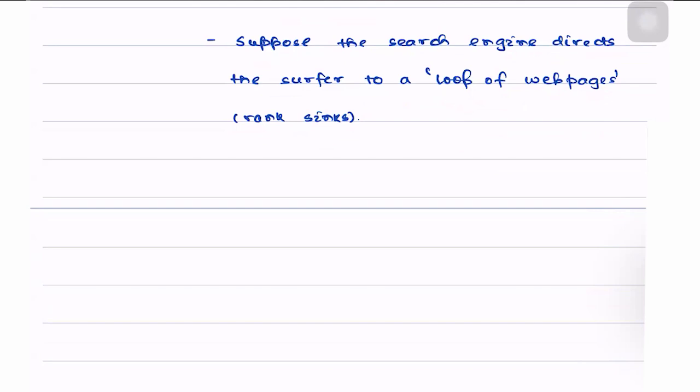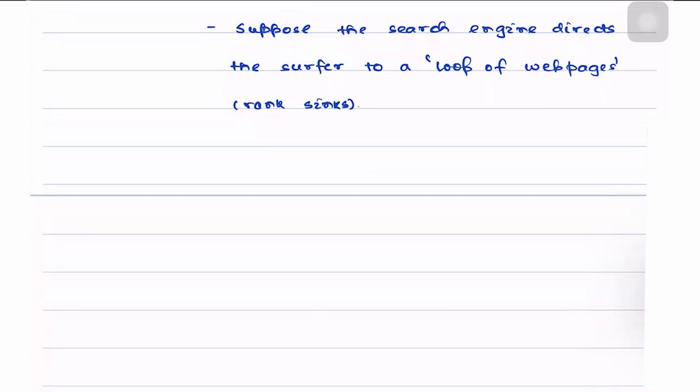Imagine if we go to a certain web page and then we get trapped in a loop wherein we just keep clicking from one web page, which takes us to another, and the other web page again brings us back to the first web page. In that case, it is very unlikely that we'll continue visiting only these two web pages. Naturally, what we do is we turn our attention to some other web pages as well to get newer information, or simply perhaps because we get bored.